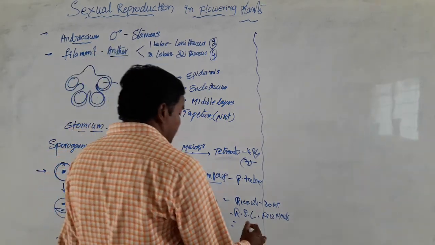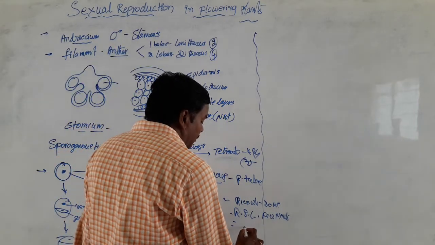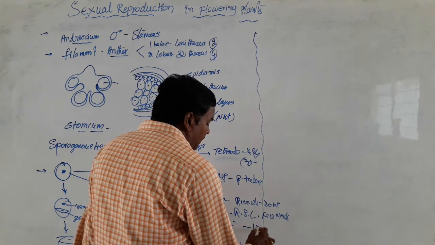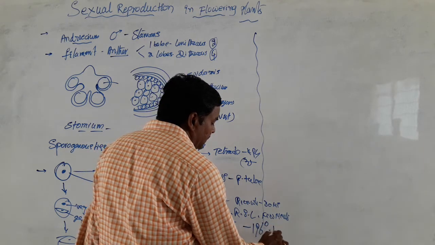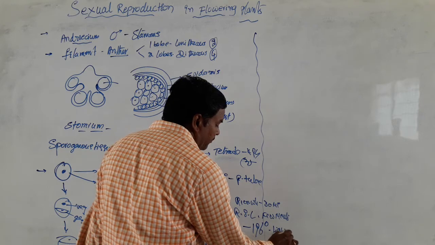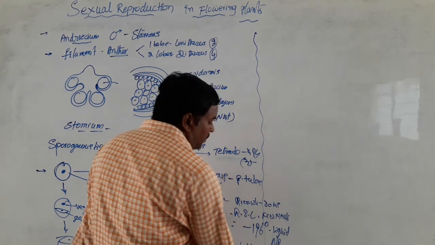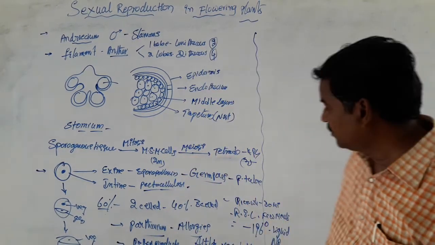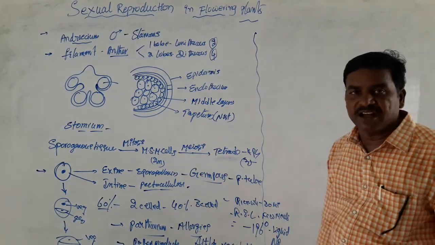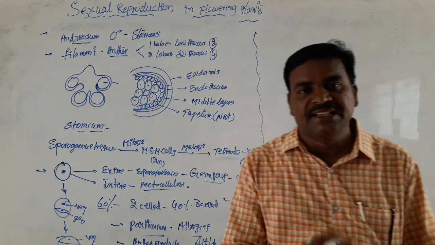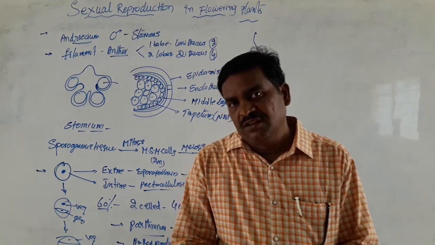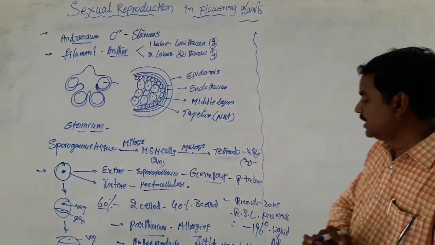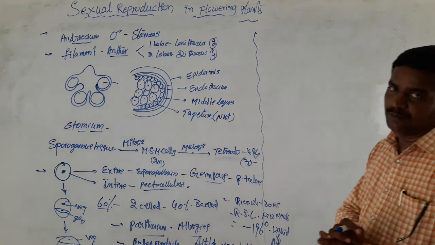When the pollen grains are preserved at minus 196 degrees centigrade in liquid nitrogen, the pollen viability can be extended up to some years. These preserved pollen grains are used as pollen banks, just like seed banks, and are highly useful to breeders in plant breeding programs.